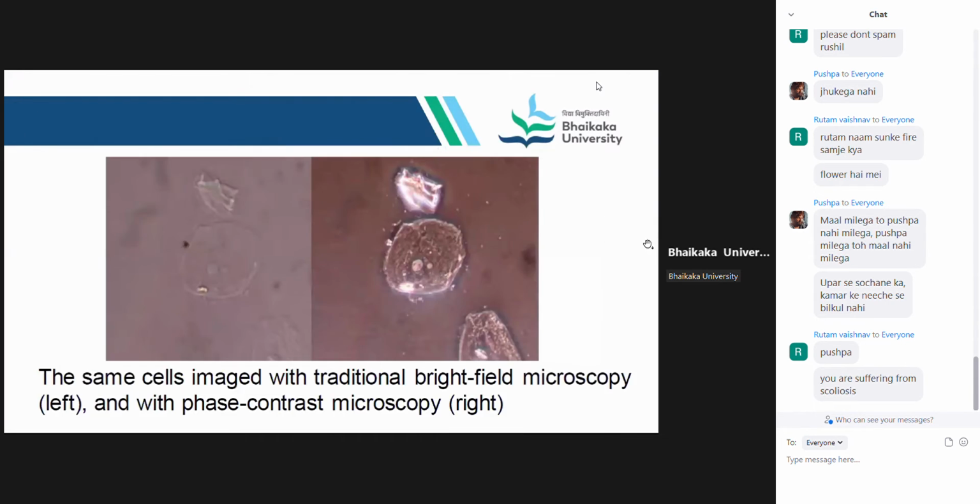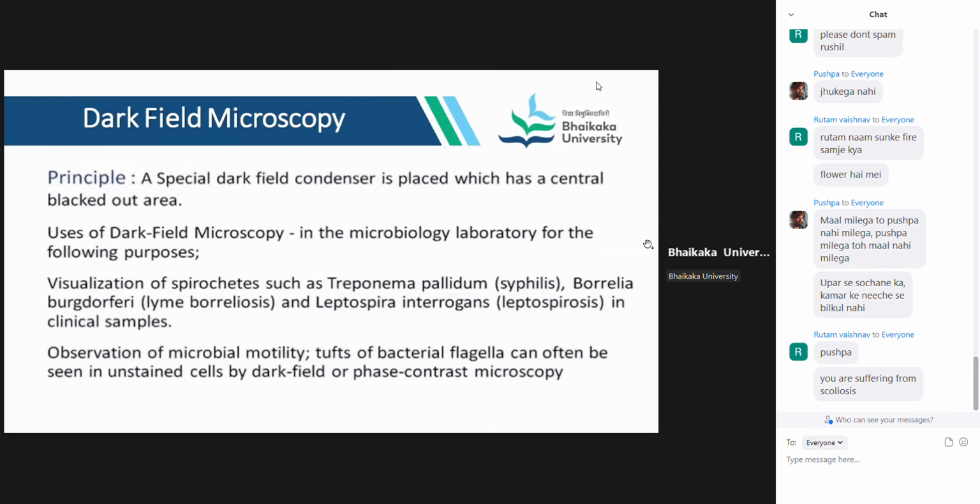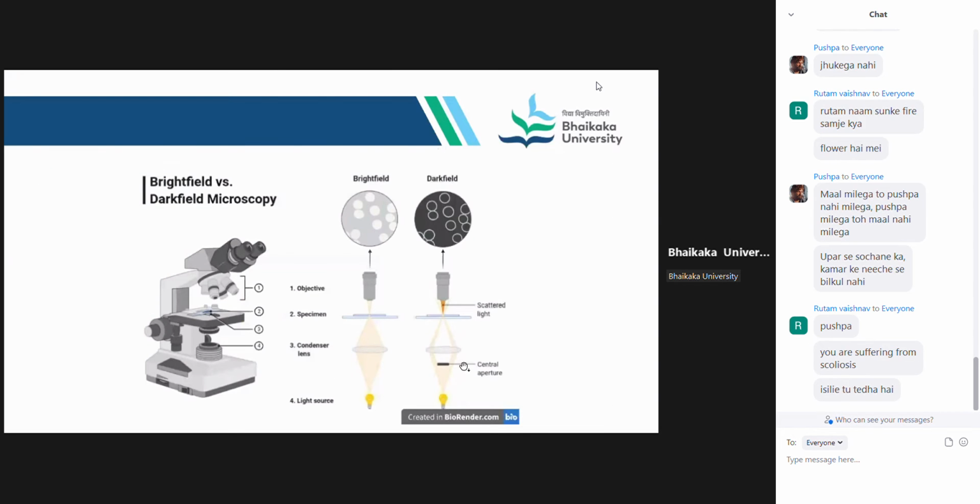Whereas in dark field microscopy, only one annular ring is present. So that is the basic mechanical difference between the dark field and the phase contrast microscope.